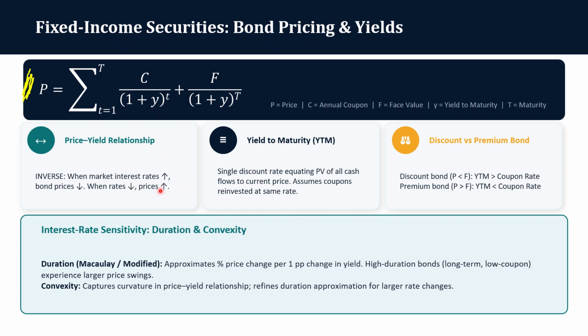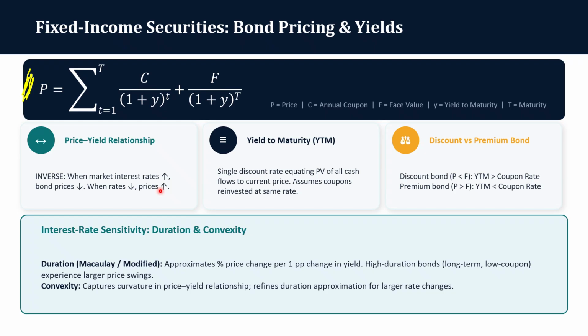Now, why does this happen? Imagine you hold a bond paying a fixed coupon, say 8%. If new bonds are suddenly being issued at 10%, your 8% bond becomes less attractive.